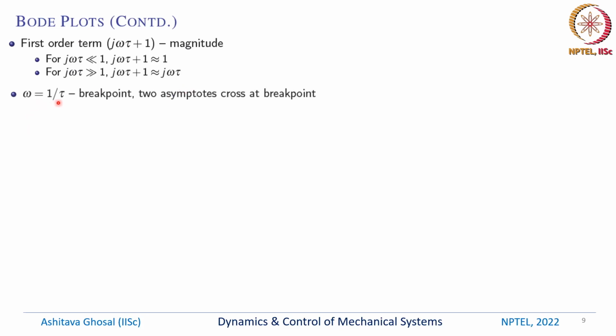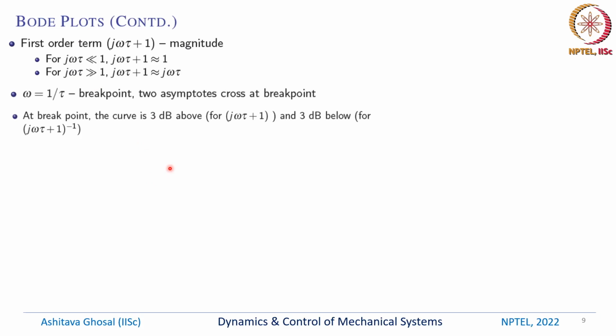Omega equals 1 by tau is called the breakpoint, and there are two asymptotes which cross at the breakpoint. Asymptotes means in these two ranges: in one case it is much less than 1, and in the other case it is much greater than 1. I will show you a plot soon.